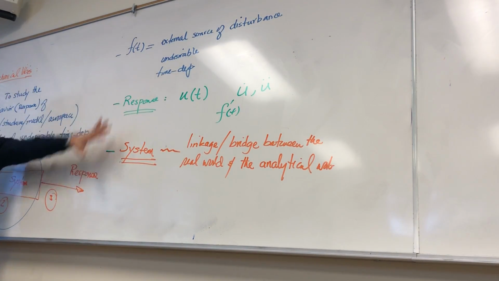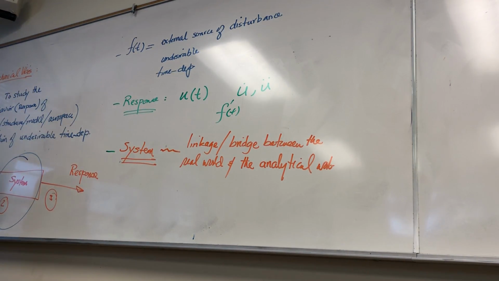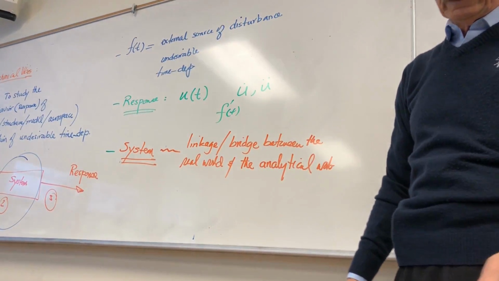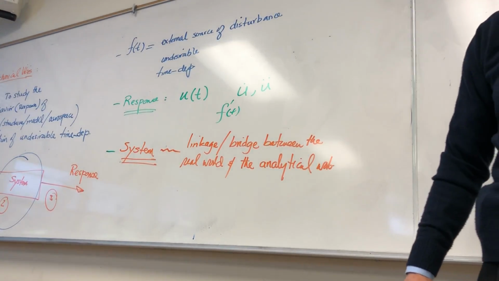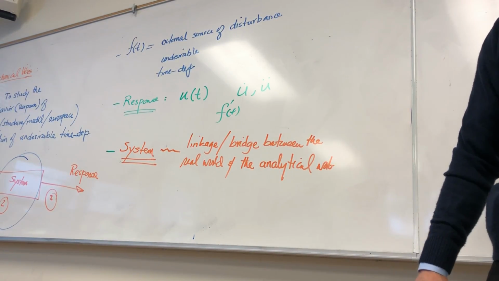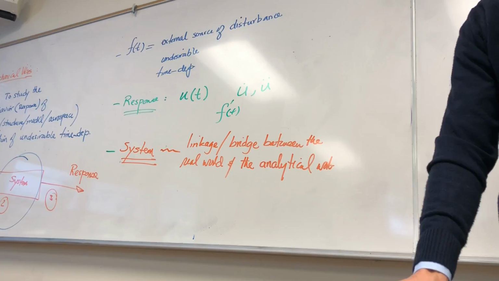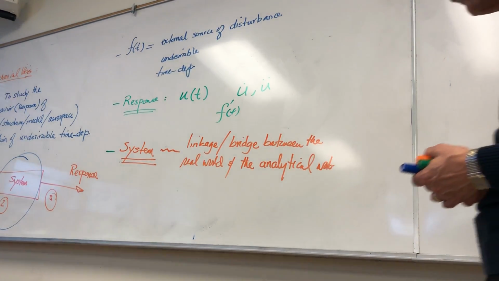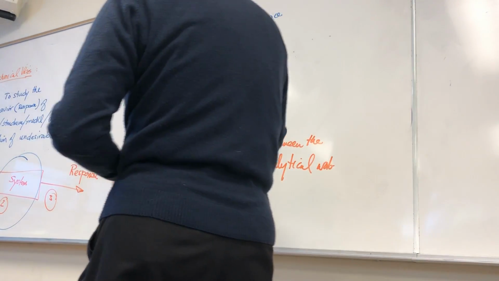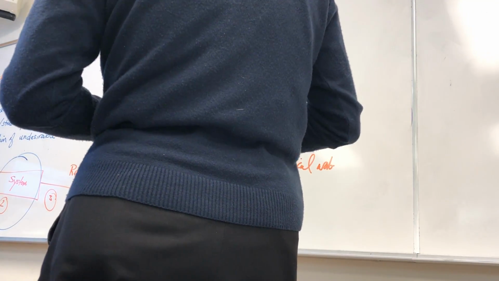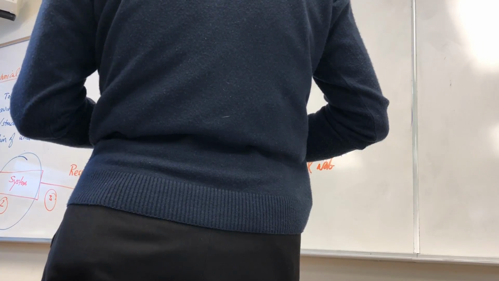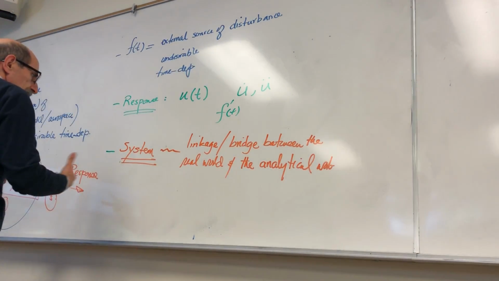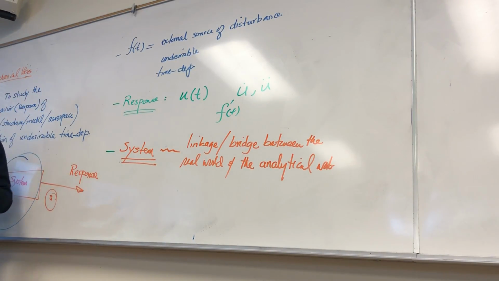So we are dealing with these three components. Let's, one by one, talk about each of these components. As I said, of course, the most important one is the system, and we're going to spend quite some time discussing that. So, what is a system?